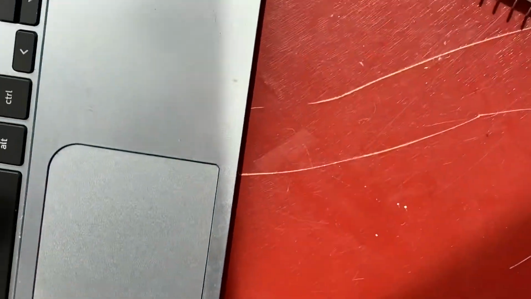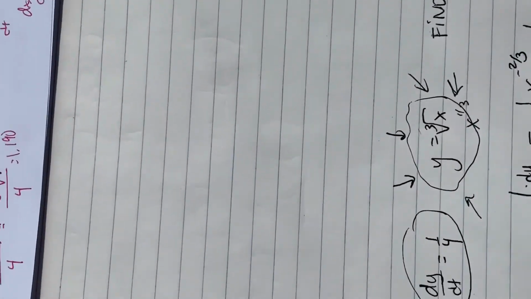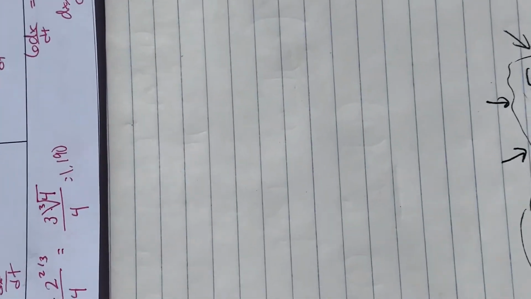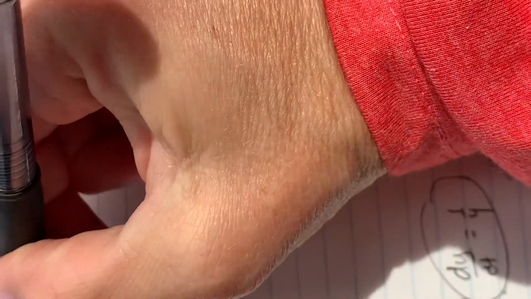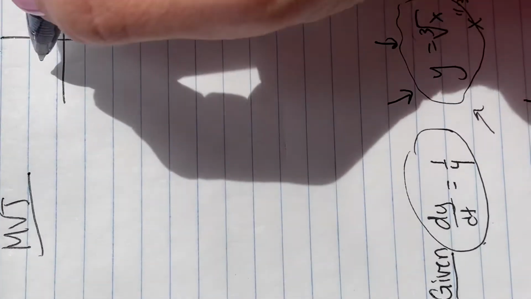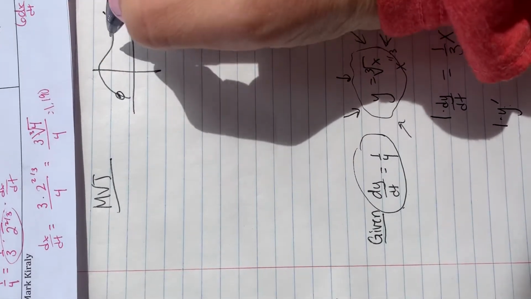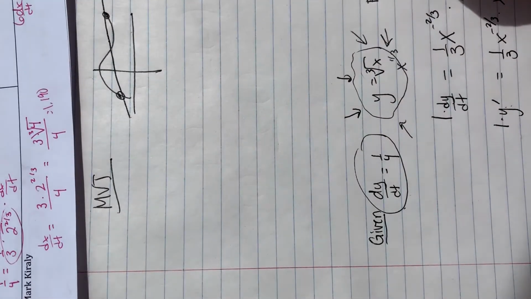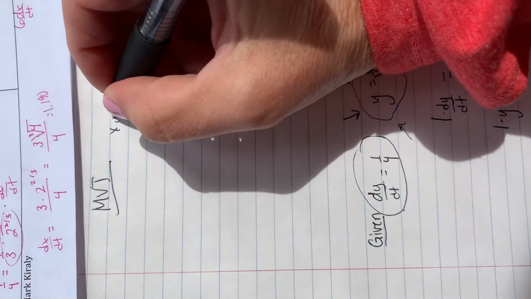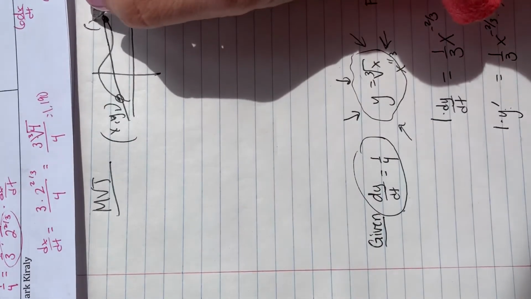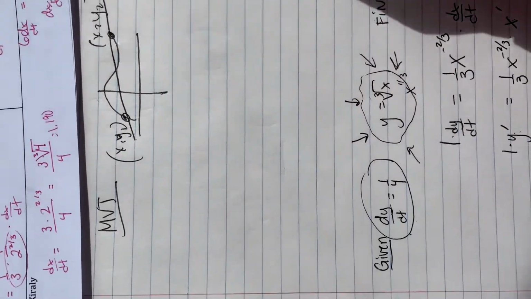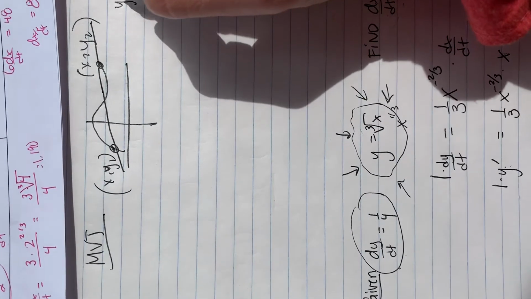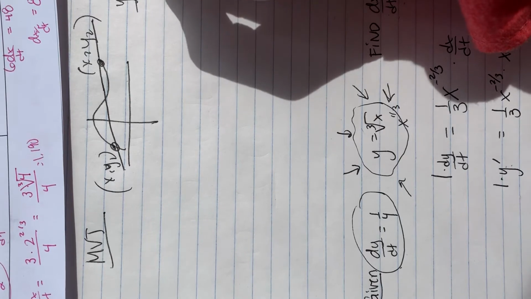So mean value theorem, the only thing you really need to know is that it's basically just saying, if you have some curve and you have endpoints of the curve, like here and here, you just want to find the slope between those two endpoints. Like if this is x1, y1, and this is x2, y2, you want to find the slope between those 2 points, like y2 minus y1 over x2 minus x1.